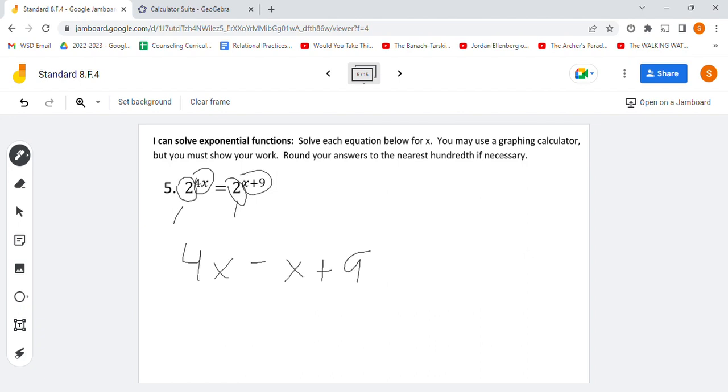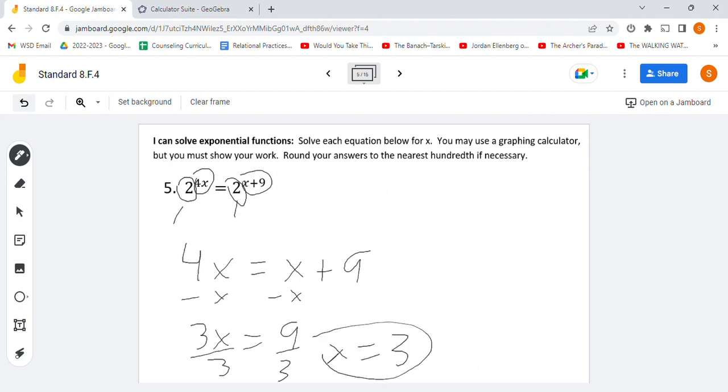We can put an equal symbol there because that means they're the same, and that gives us an equation that we could solve to figure out what x value we would plug in here to get those two parts to be the same. So we're going to solve this by subtracting x from both sides. That gives us 3x, and over on the other side we have 9. Finish by dividing by 3, and we end up with x equals 3.